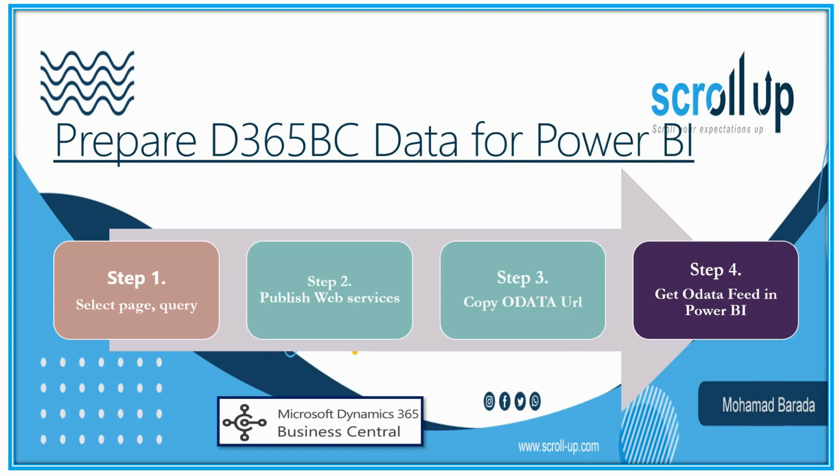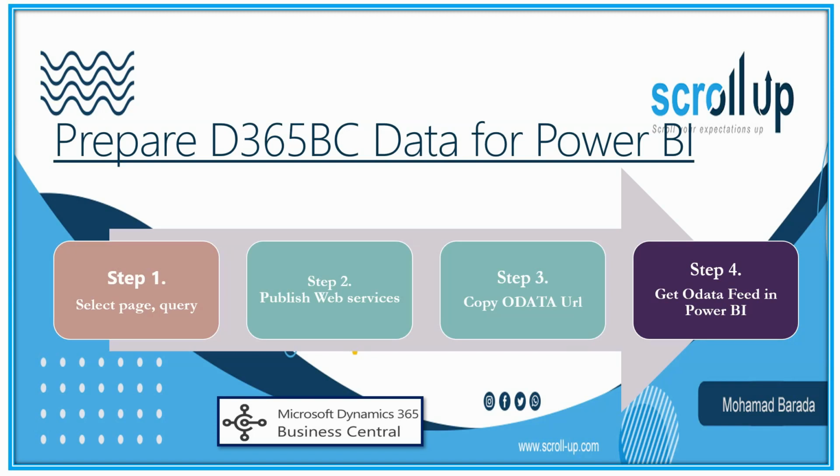For Business Central, there are 4 steps. As I grouped them personally, it's not defined like that, but I define them as the 4 steps. The first step is you have to select the page and the query within the web services of Dynamics 365 NAV or Business Central, depending on what you are using.